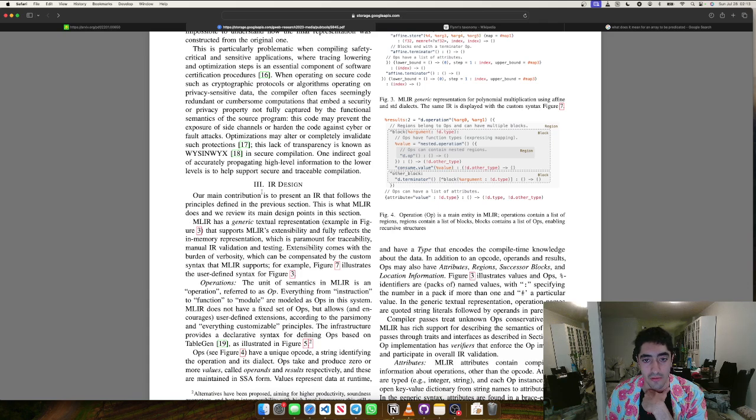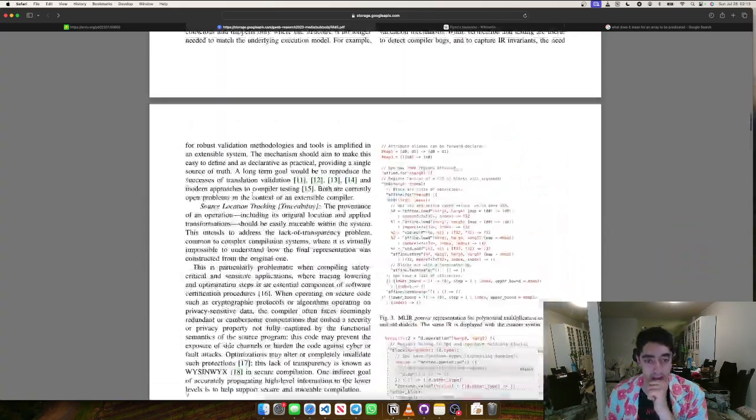Optimizations may alter or completely invalidate such protections. This lack of transparency is known as WYSINYWYX in secure compilation. One indirect goal of accurately propagating high-level information to the lower levels is to help support secure and traceable compilation. IR design is the third part.